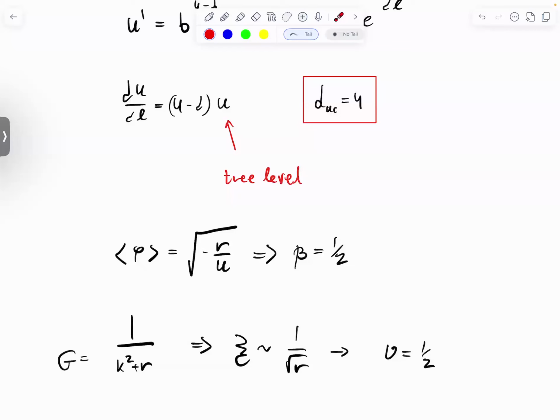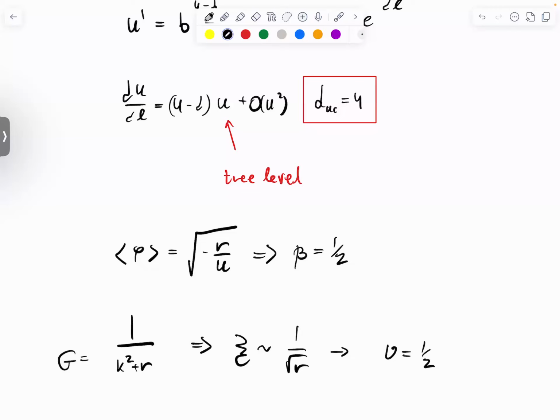And I'm putting aside here some issue related to dangerously irrelevant terms, but besides that, which really doesn't change this conclusion, when you're above the upper critical dimension, then basically mean field theory gives the accurate critical exponents. But what we want to do is we want to argue that basically there is some O of u squared here, and that's exactly what we're after.